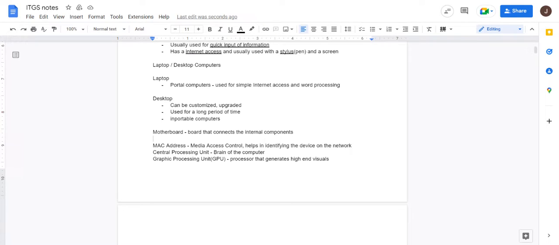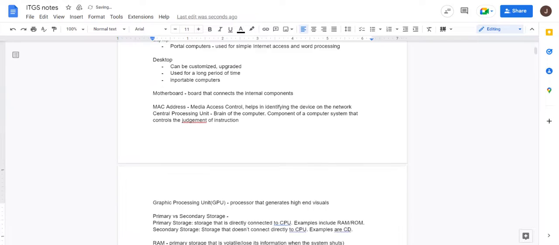It's a component of a computer system that controls the instructions, that controls the judgment of instruction.